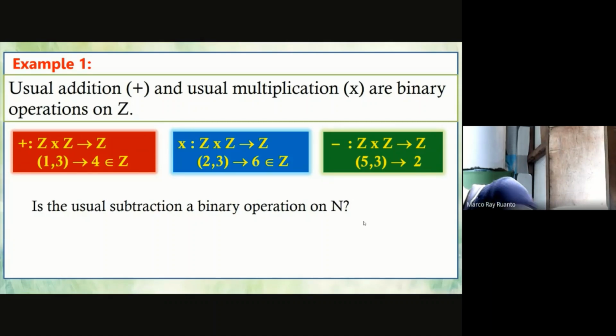GC, page. Oh, page. Sige, sige, sige. Sige, send na. Oo, sige, sige. Oo. Sige, sige, sige. Oo, sige. Oo. Sige, sige. Sige, thank you.